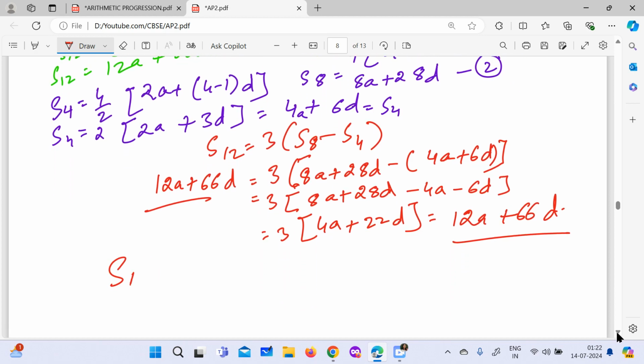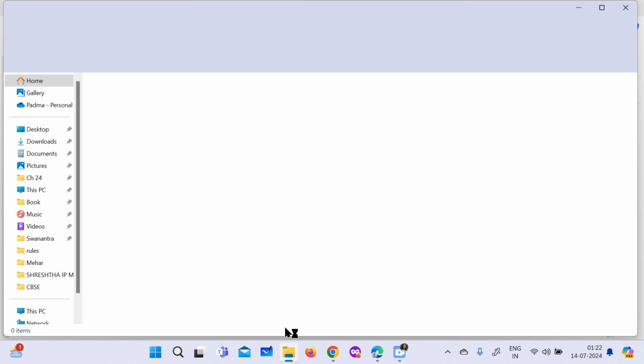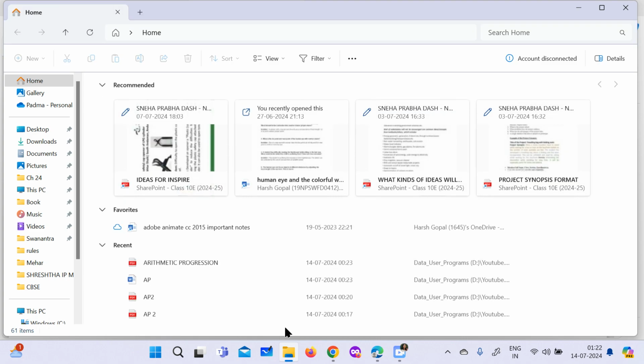So you can write S12 equals 12a plus 66d and 3 times (S8 minus S4) also equals 12a plus 66d. So this is done, this is proved. I hope this is clear.